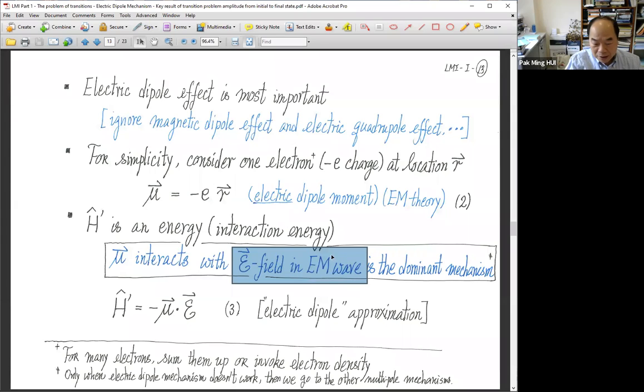Therefore, in one step, we know the energy is minus mu dot script E. I use script E to represent the electric field because we have used capital E for the energy of the atom, to avoid confusion.